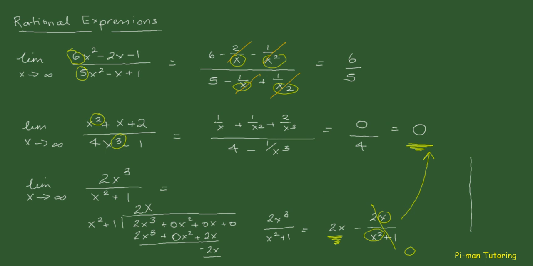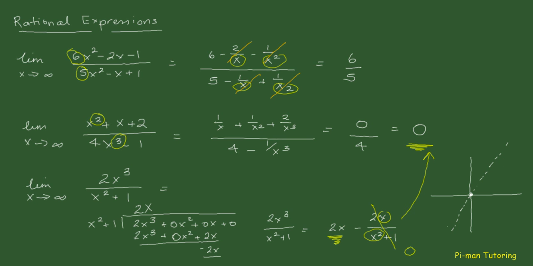So if we imagine the graph of y equals 2x, this will be our asymptote. And then this function, when x is 0, y is 0. And we can see from the function that when x is positive and large, the function is positive and large.